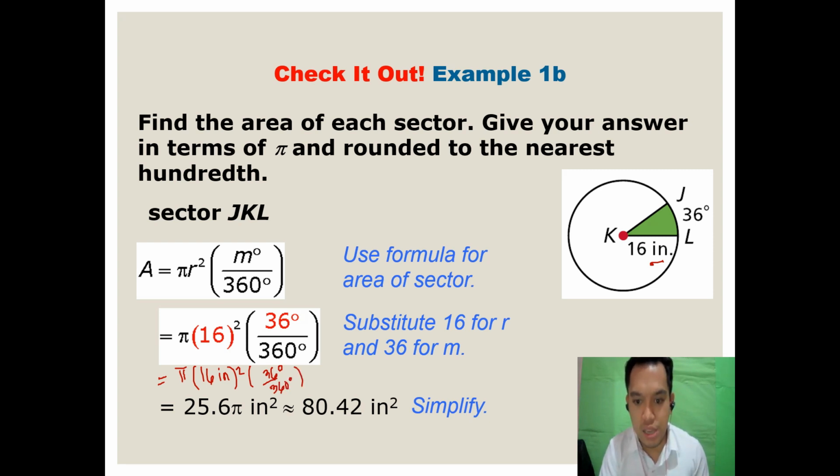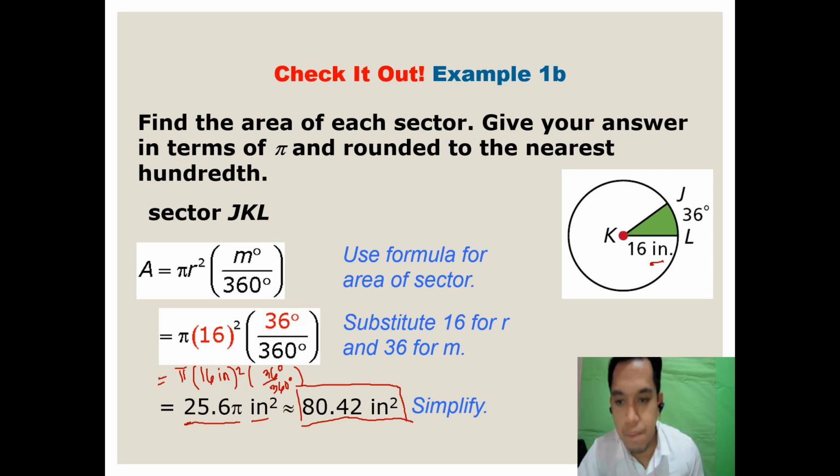So kaya yan naging inches squared. Okay? So the final answer is 80.42 inches squared. So i-multiply mo tong 25.6 at saka pi. So the area of the sector is 80.42 inches squared.